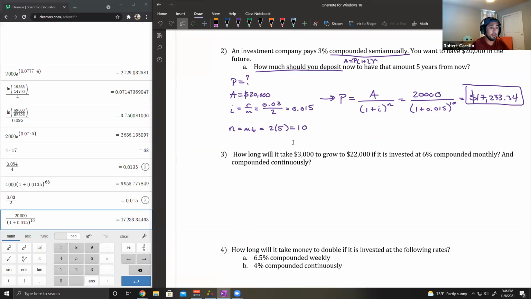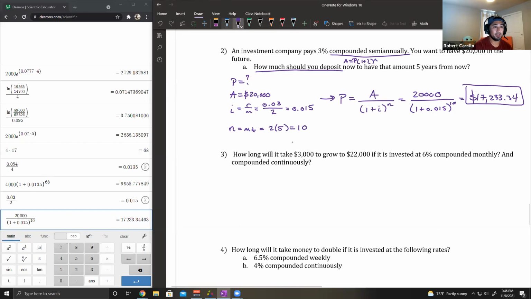3. How long will it take $3,000 to grow to $22,000 if invested at 6% compounded monthly and then compounded continuously? So here we're going to use compound interest and continuous compound interest.